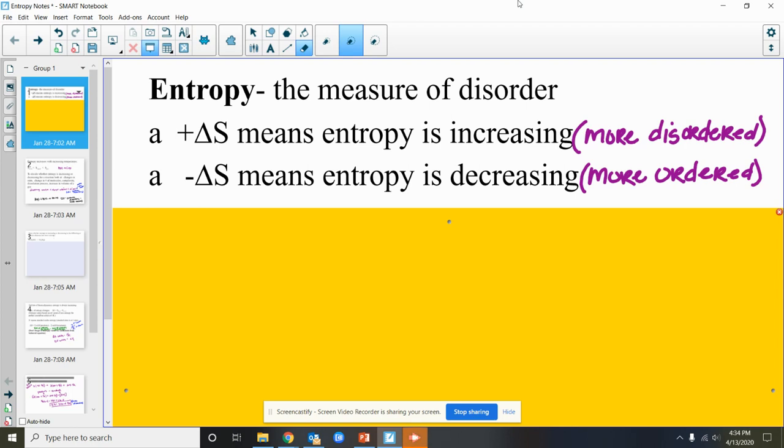Hey guys, we are going to talk about the very last section of this energy unit, and it's on entropy. So, entropy is just a measure of disorder. I'm sure all of you are familiar with disorder. Maybe you have a really nice, clean room, you've spring cleaned everything, and you initially start off with everything really nice and neat.